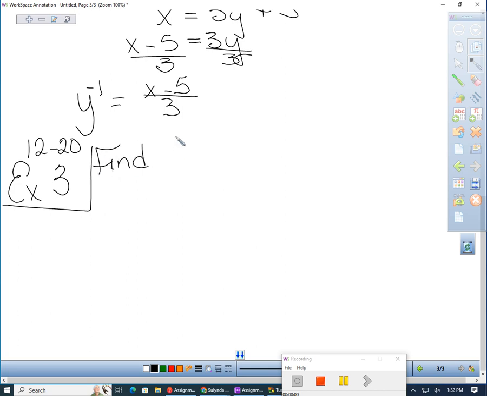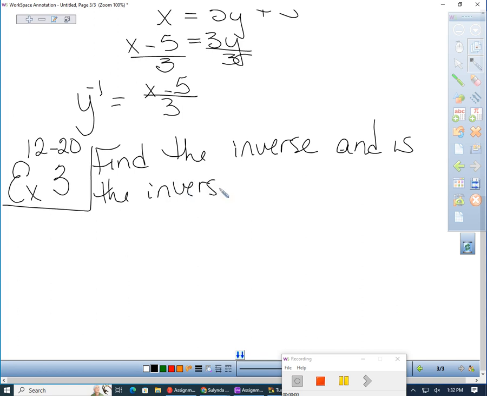Find the inverse and is the inverse a function? How do you know if something is a function? You use the what test, especially if you're looking at a graph. Yeah, the vertical line test, right? The pencil test. Okay, so keep that in mind as we do this.